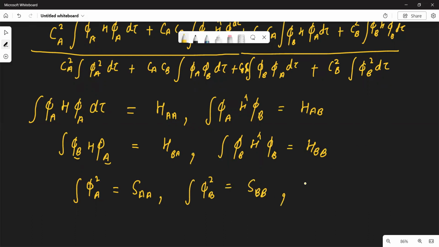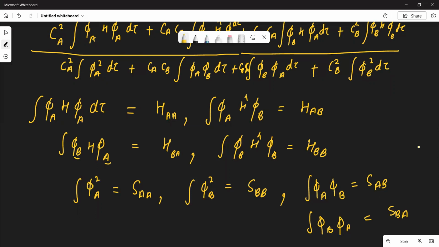I will tell you the meanings of these notations. And phi A phi B is SAB, and phi B phi A is SBA. So these are the notations that we will write in place of these integrals.